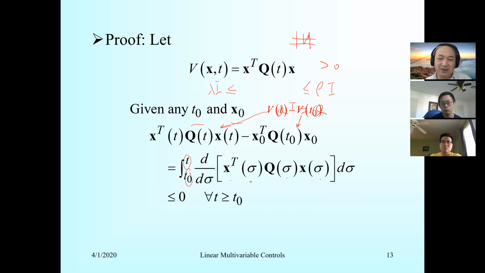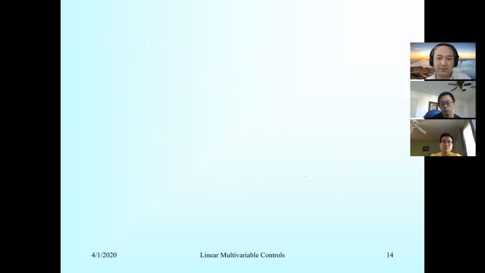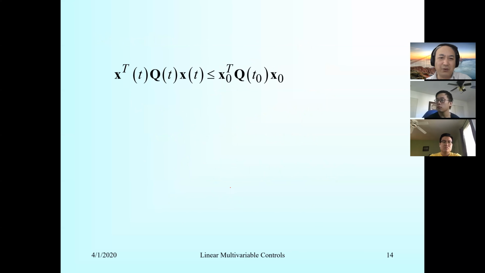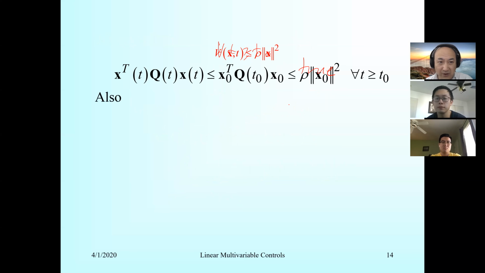And remember, this is nothing but V. So we can say for all t greater than or equal to t0, this is always true. But on the other hand, V(t) is upper bounded by rho and lower bounded by eta.